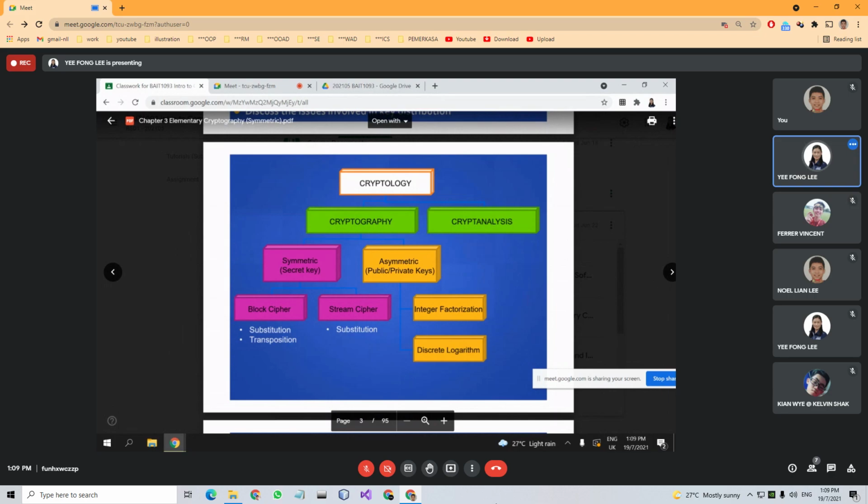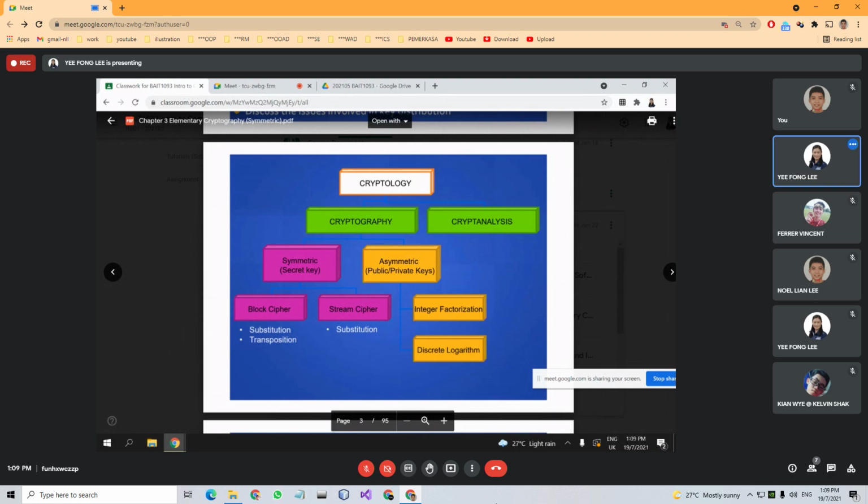So in between there must be some changes to the plain text, so that even with unauthorized access, they still take time to decrypt the plain text. So cryptography is about encrypting or hiding information. I repeat, cryptography is about encryption. Encryption means we want to cover or hide our original information.